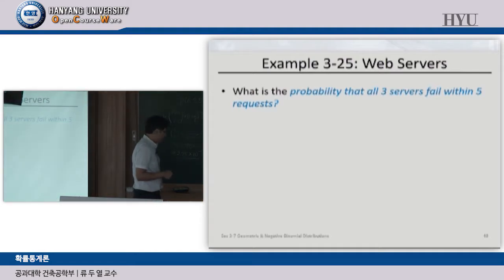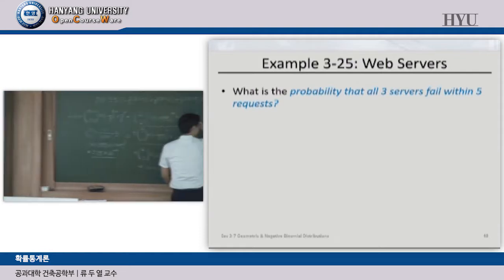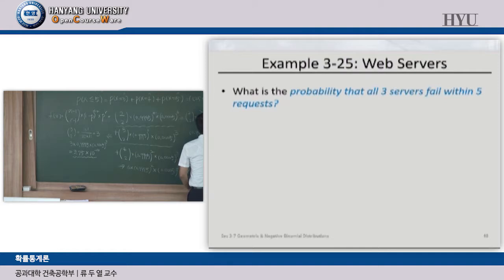So finally, this can be 1.25 plus 3.75 plus 7.49, multiplied by 10 to the minus 10th power.